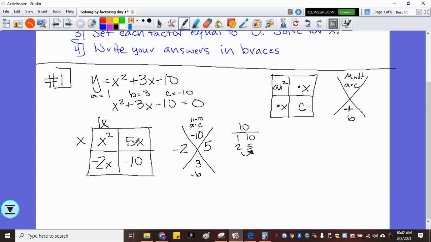X times what gives you 5x? Right, so 5 times x is 5x. 1x times what gives you negative 2x? So we already have the x. 1 times what gives you negative 2? Negative 2. And then just to check, negative 2 times 5 gives you negative 10.